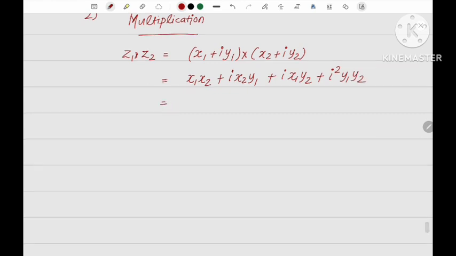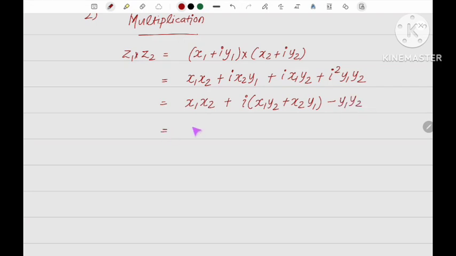So if you write it like this, x1 x2 plus, I can take i common here, this will become x1 y2 plus x2 y1, and i square becomes minus 1, so this becomes minus y1 y2.